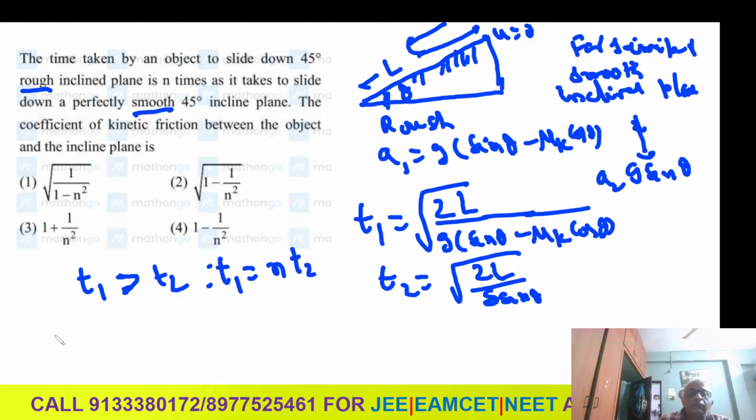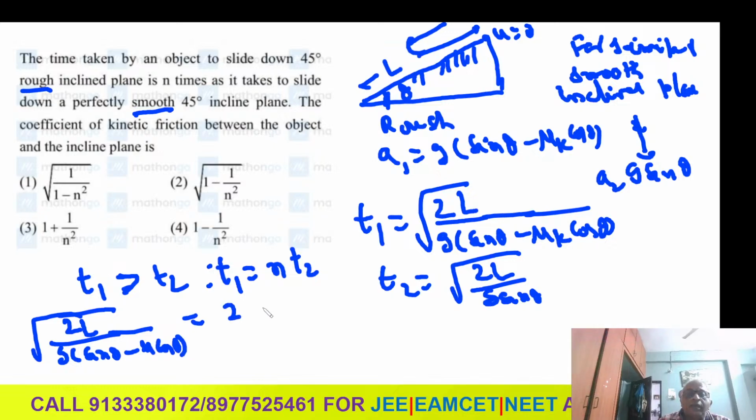So if you take it like that, under root 2L by g into sin theta minus mu cos theta is equal to n times under root 2L by g sin theta. Root 2L gets cancelled here. Now squaring and doing the mathematics.